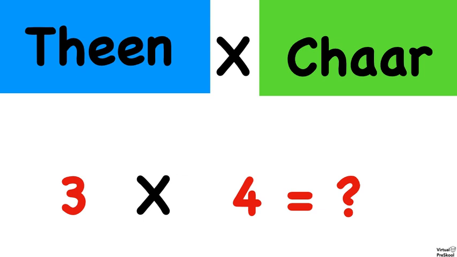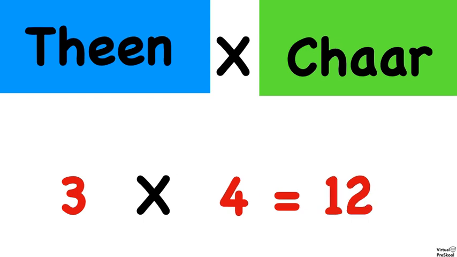So now I'm going to give you a few seconds to figure out, do your math, what is 3 times 4? All right, Theen times chaar is 12. 12, and how do we say 12 in Hindi? I'm going to give you a few seconds to figure that out.